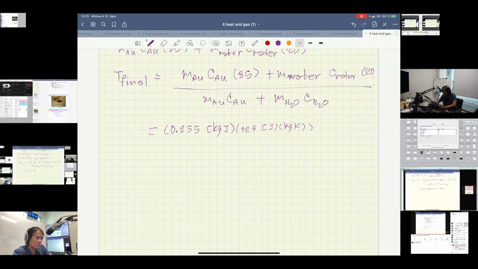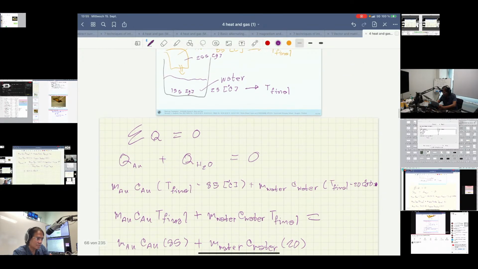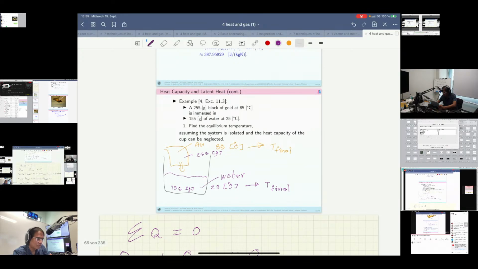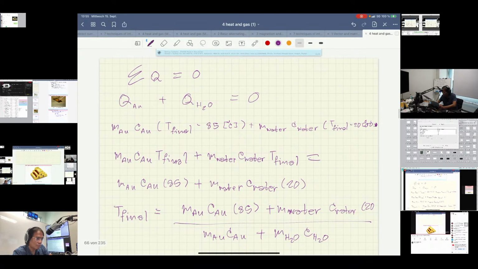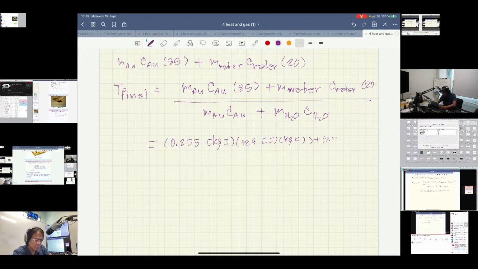And plus the mass of water, which is 0.155, 0.155. Okay, and the specific heat of water is 4190, and the temperature of this one is 20.